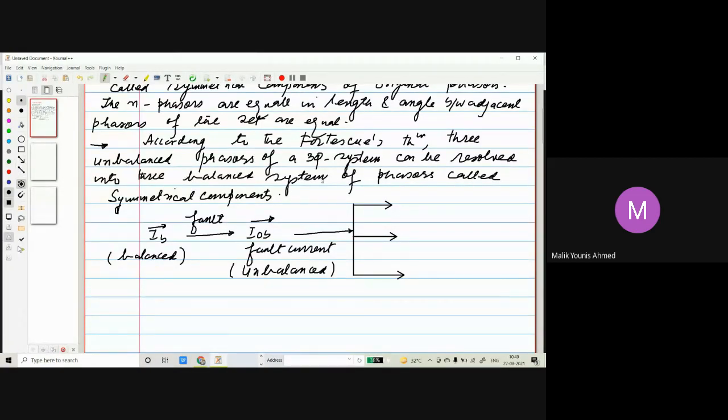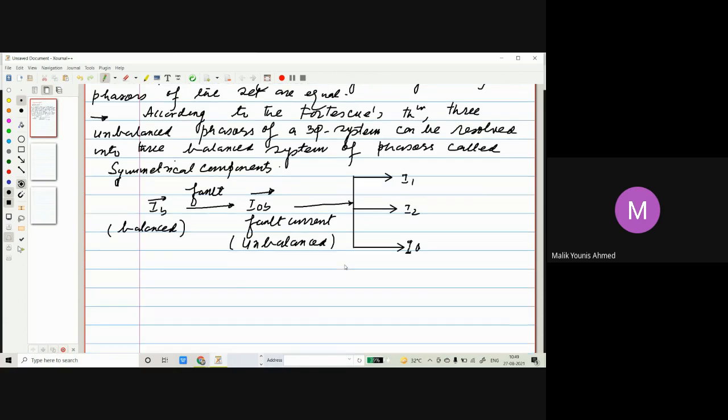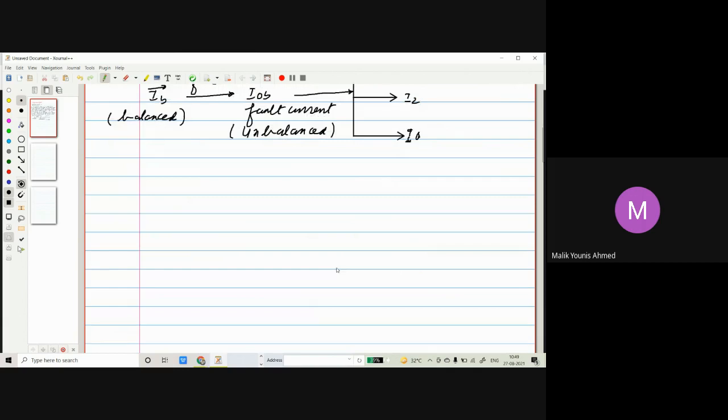Let us say these are I1, I2, and I0. Similarly, in the other phases there will also be a balanced set of phasors. So in total we will have nine balanced phasors in a three-phase system. That's what Fortescue's theorem states.